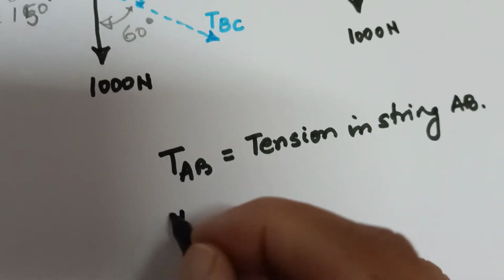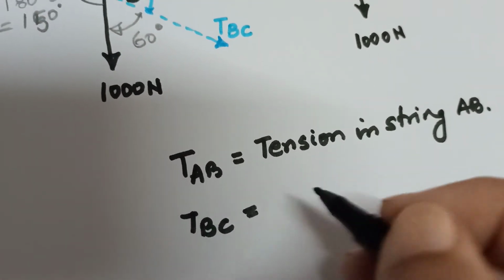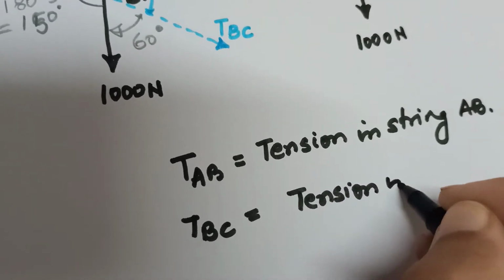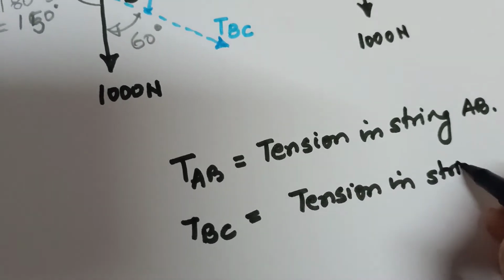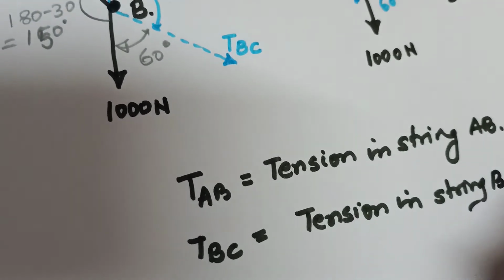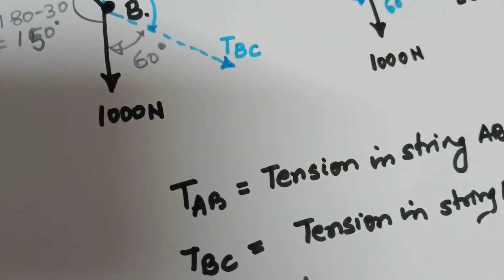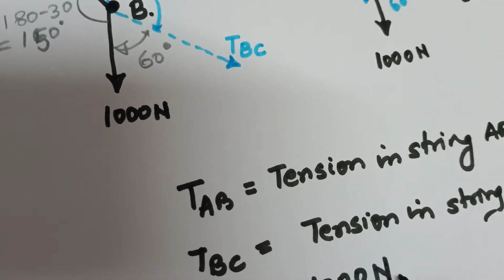Then TBC is equal to tension in string BC. Then W, that is equal to 1000 newtons.